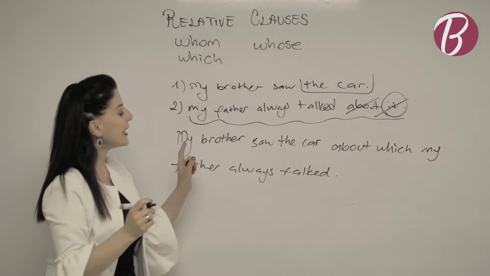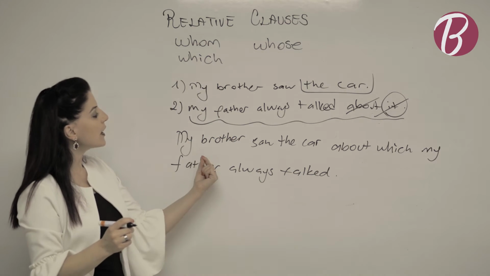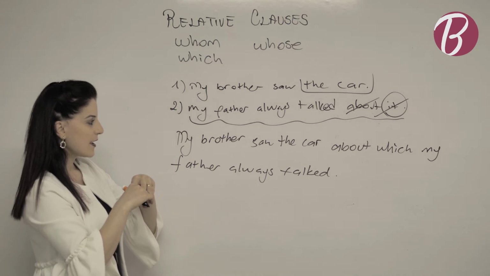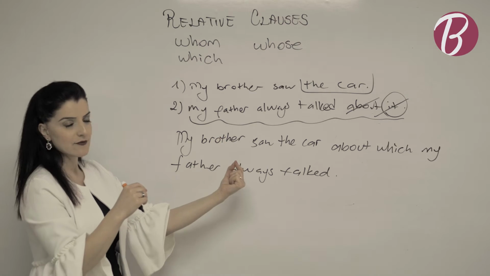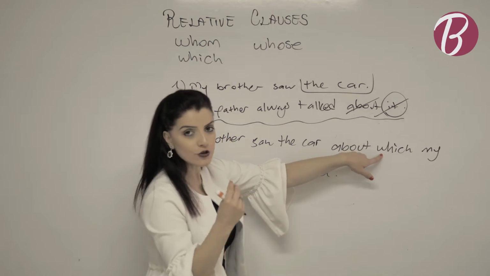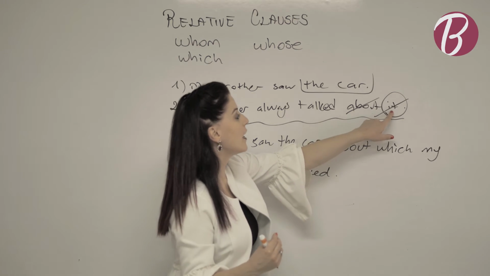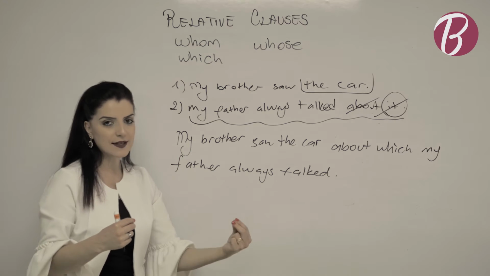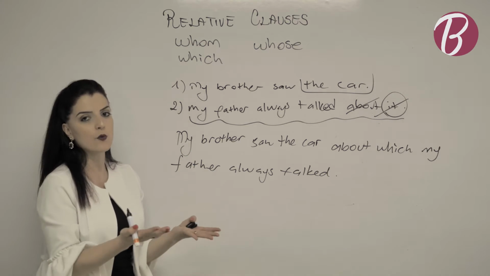So, in English, while combining two sentences, when we discover that this pronoun is used instead of an object, I can omit it from the sentence if I want.